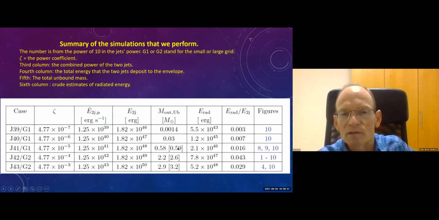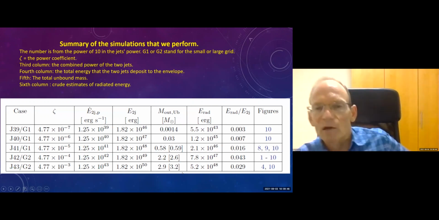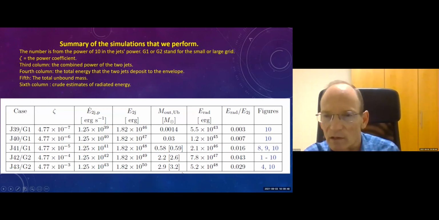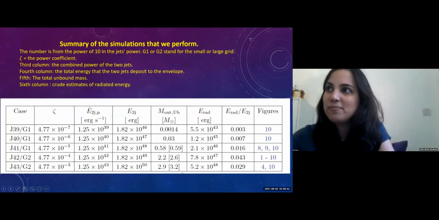In the first three simulations, it will be very difficult to observe them through observations, whereas only in the last two simulations we have enough mass and enough power to observe them, I think. I hope I answered your question. Yeah, thank you.